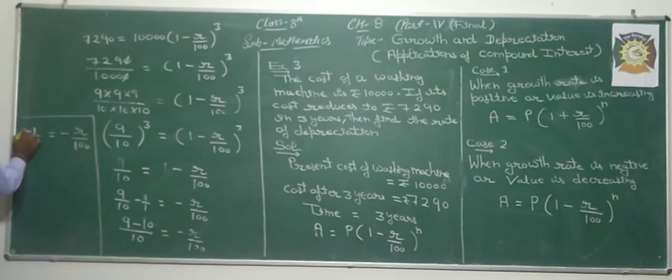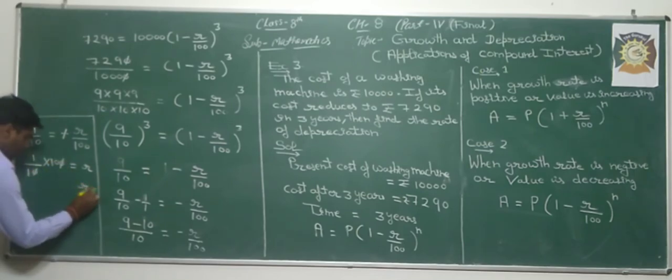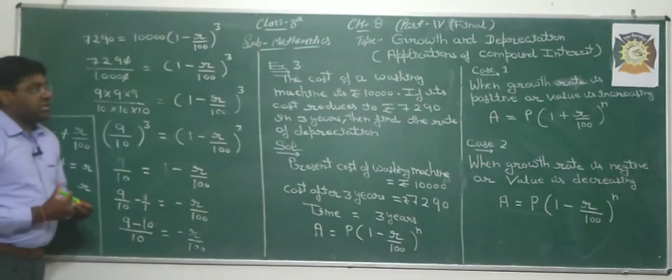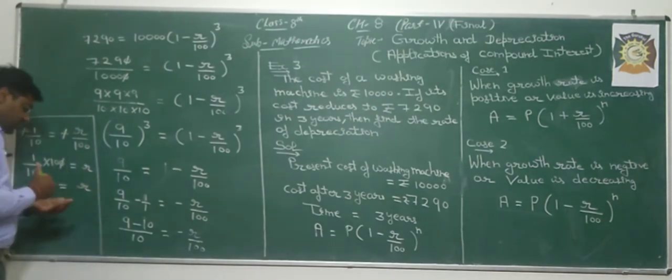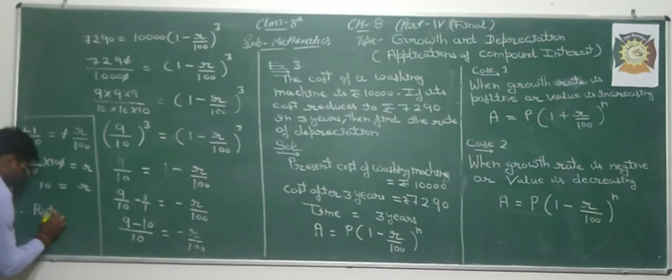This is a negative sign and this is also a negative sign, so it cancels. Now take this 100 to this side. It becomes 1 upon 10 multiplied by 100 is equal to R. So 10 cancels, and R is equal to 10. So we can say the rate of depreciation is 10%.